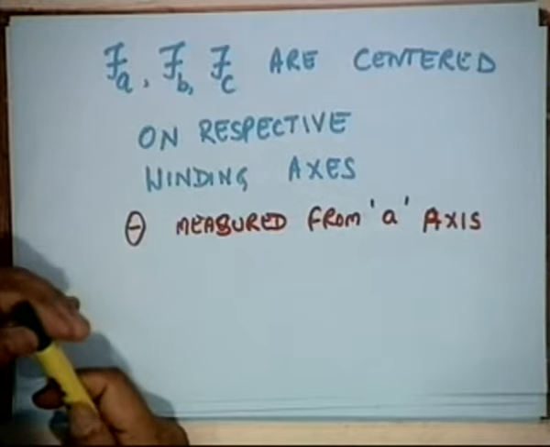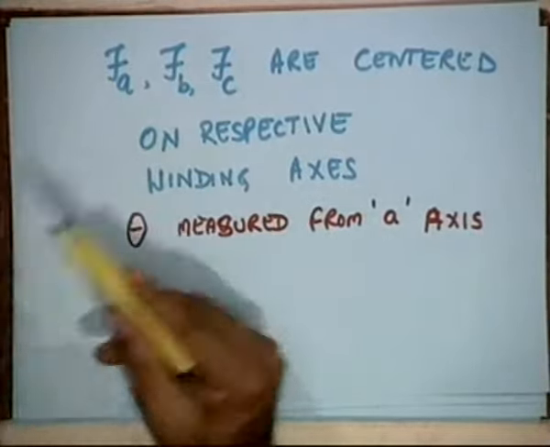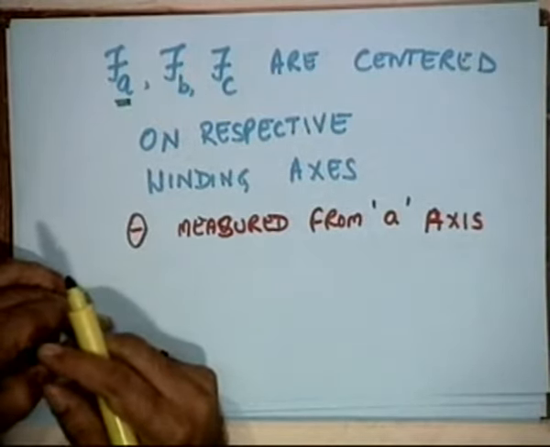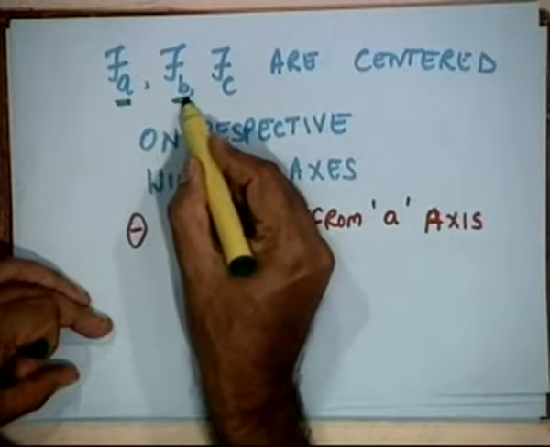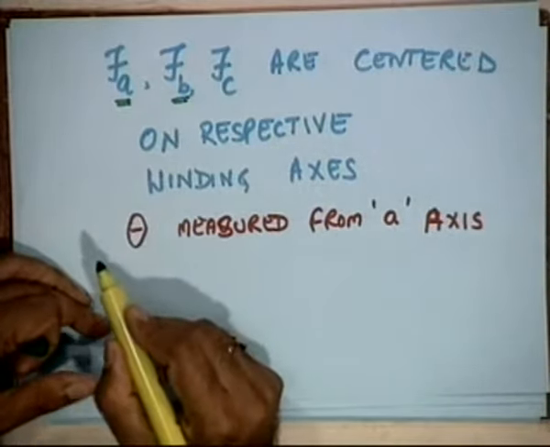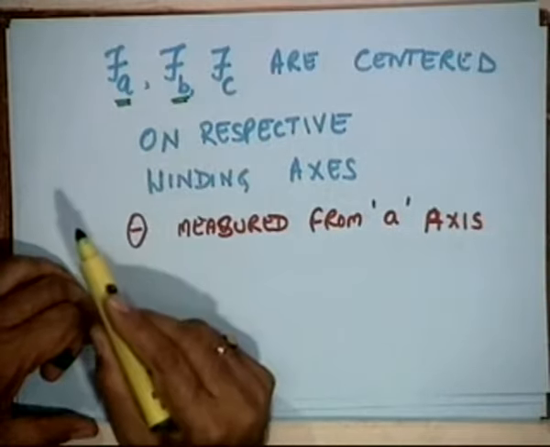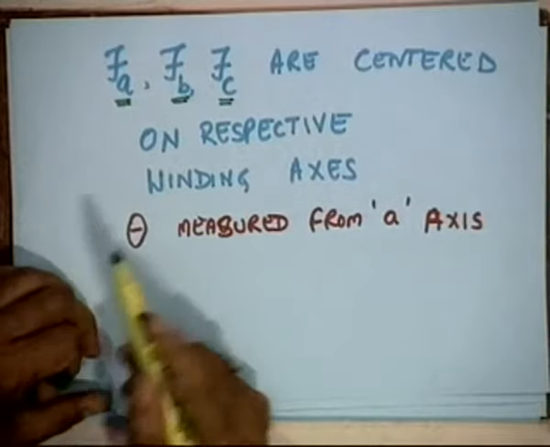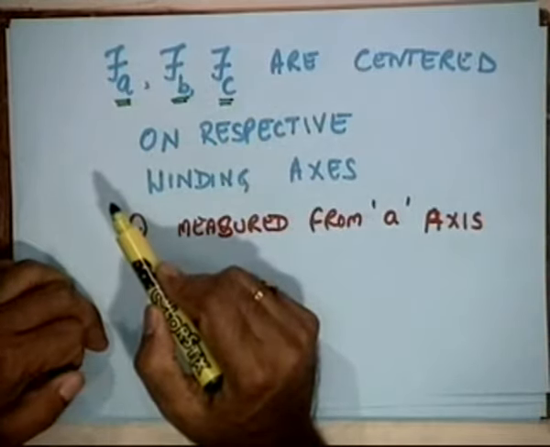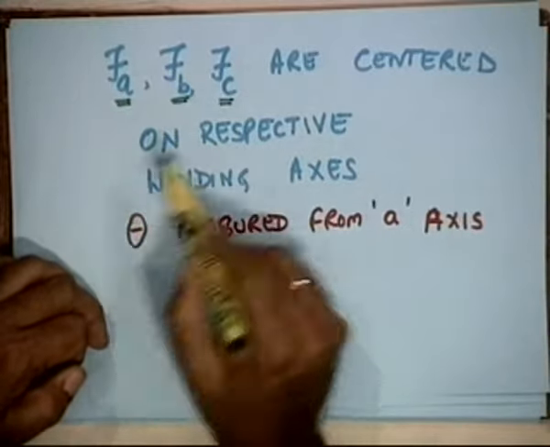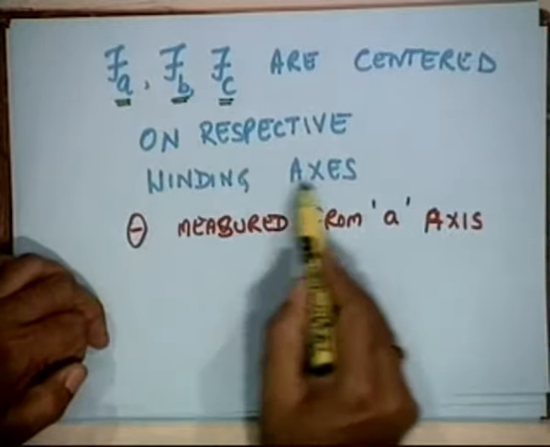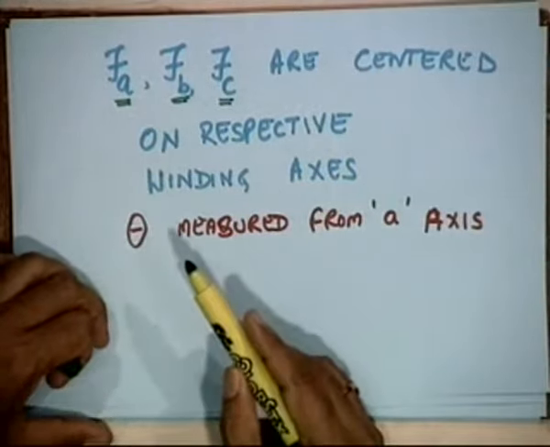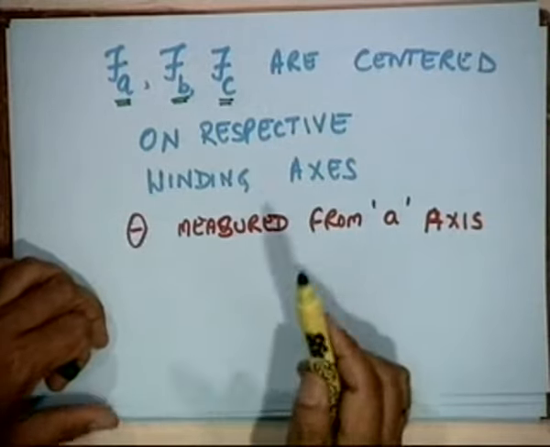Earlier you had only one MMF FA, now you have three MMFs: FA, the MMF due to A phase excitation, which is again varying in time and space, FB, the B phase MMF varying in time and space but centered around B axis, and FC, again the MMF due to C winding excitation. So, three MMFs are there now. They are centered on respective winding axis, okay.